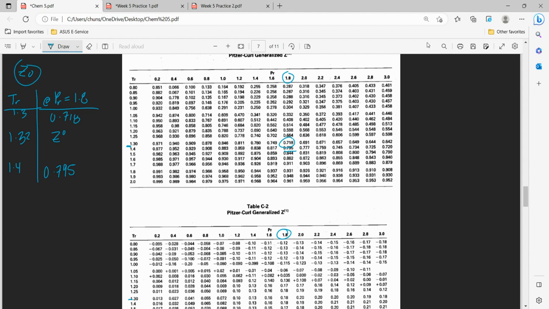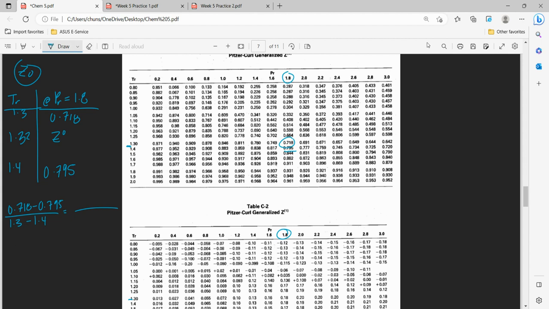So what we're going to do is (0.718 - 0.795) over (1.3 - 1.4). So we're using our first and last points right now. Hope you're tracking. And this is going to be equal to... no, sorry, I lied.